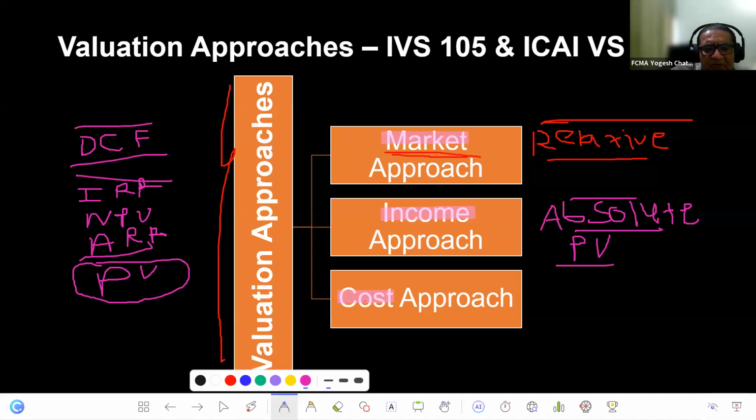And if we go to the cost approach, that is also known as the asset approach of valuation, and also the residual approach of valuation.